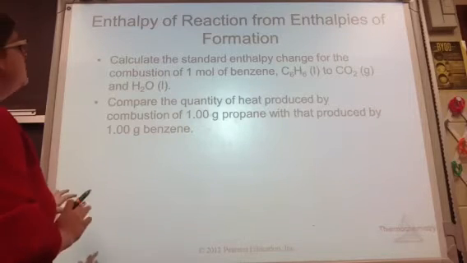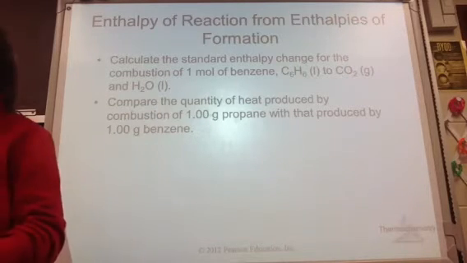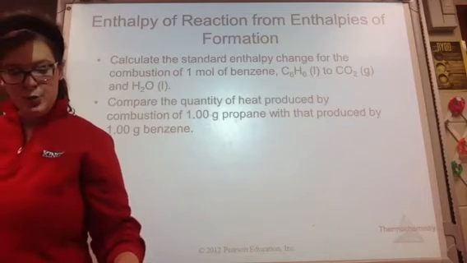Okay, so let's do an example here. Calculate the standard enthalpy change for the combustion of 1 mole of benzene, which is C6H6, that's liquid, to carbon dioxide gas and water. So carbon dioxide gas and water.